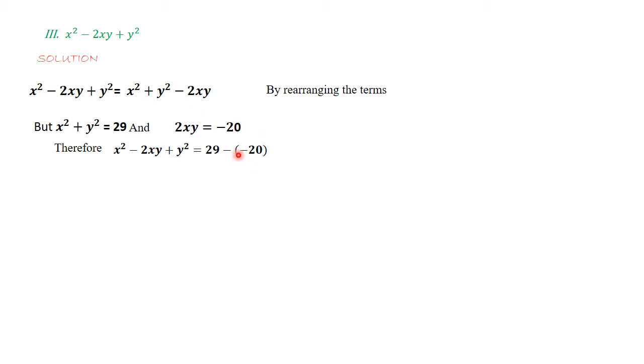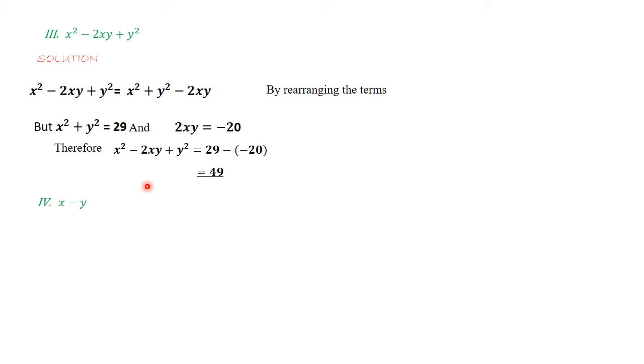We have a double negative here because the first negative, sorry, this negative here is the negative for minus 2xy, and this other negative is the one we were having at the beginning. So x squared minus 2xy plus y squared is the same as 29 minus negative 20, and that will be 49. Quite simple as well. We go to Roman 4.